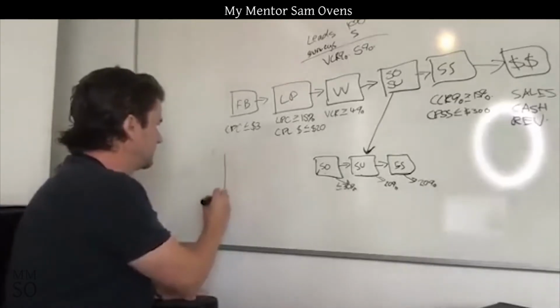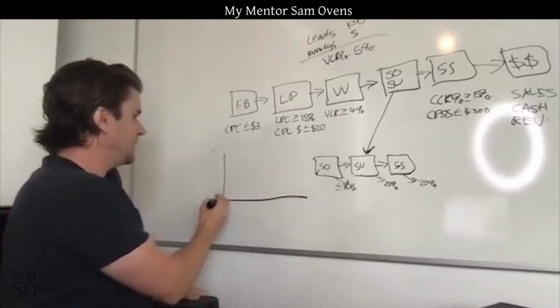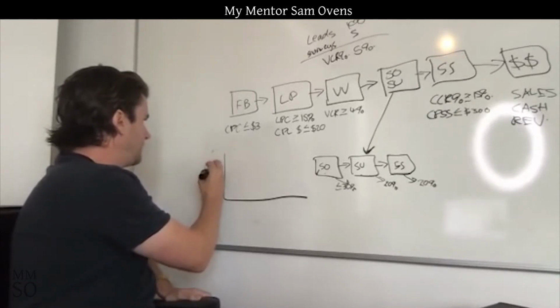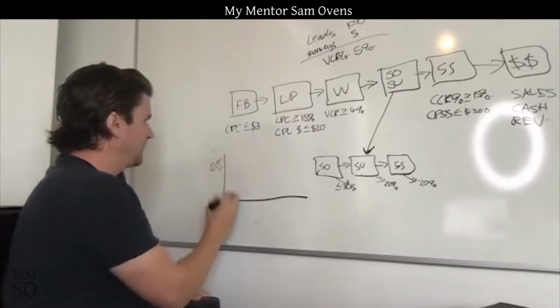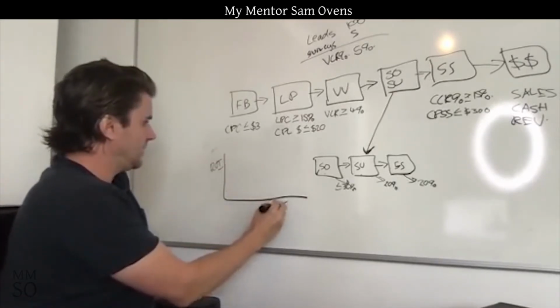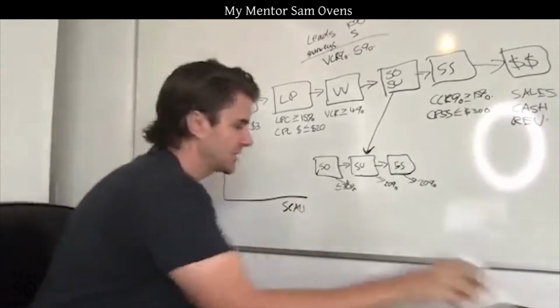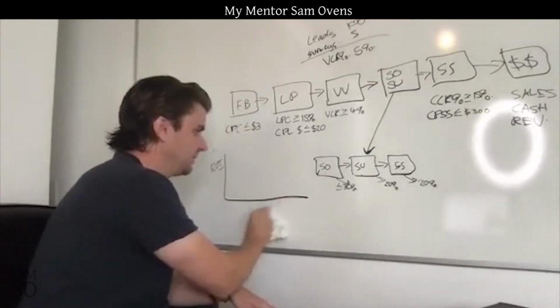Let's say here you have ROI, and then along here you have scale. Well, actually, we'll call this spend. That's a better way to call it.